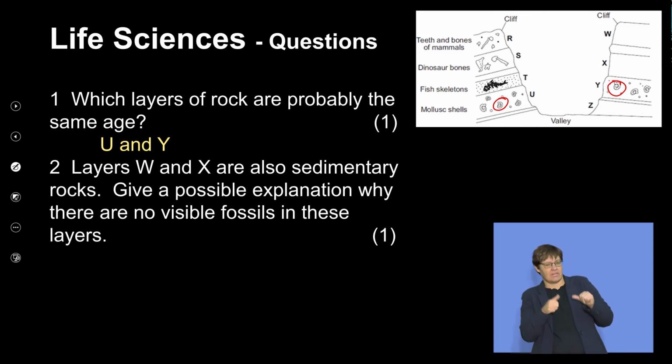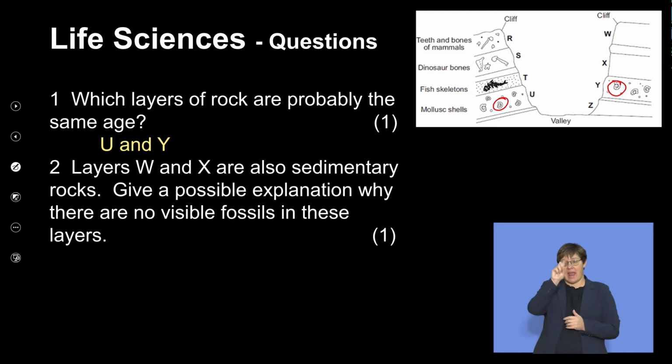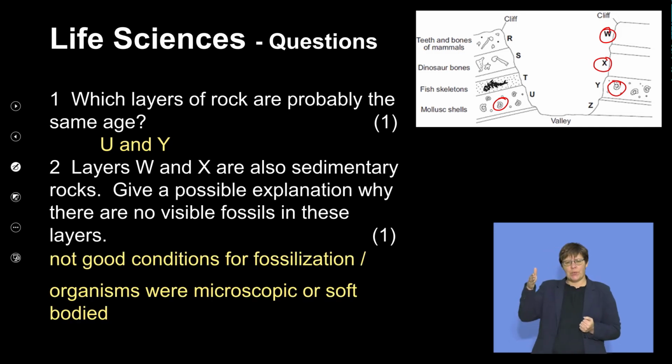Then, W and X, those ones there, are also sedimentary rock layers, but they don't have any fossils. What could be the possible reason for there being no fossils? First of all, you must remember that 99% of living organisms don't form fossils. Fossils are only formed when conditions are just right.